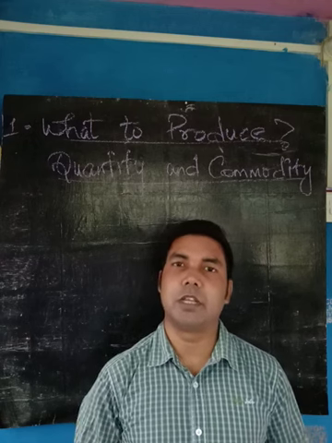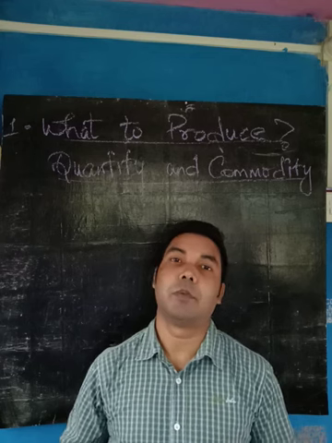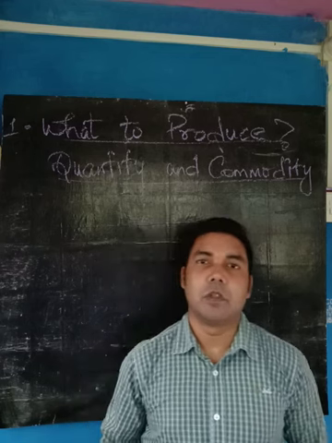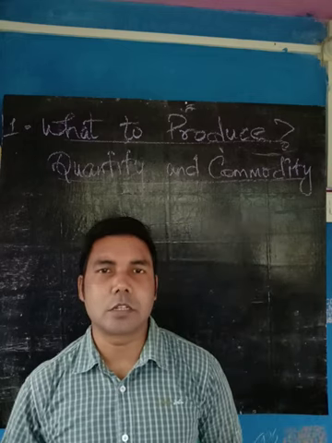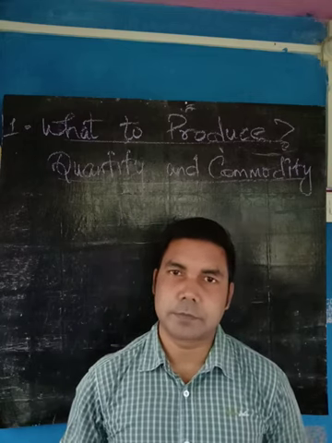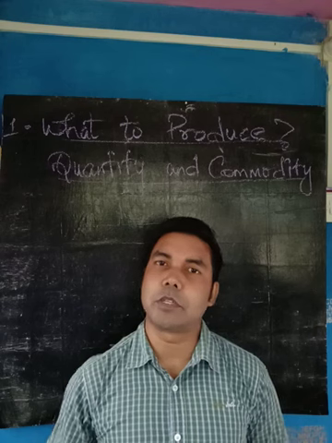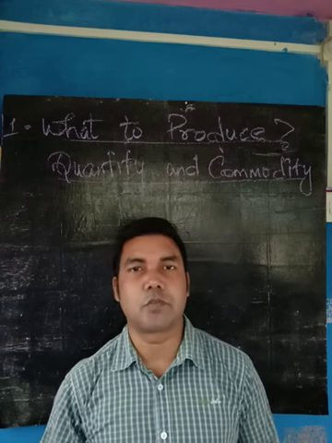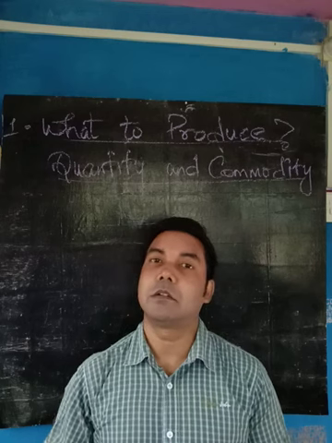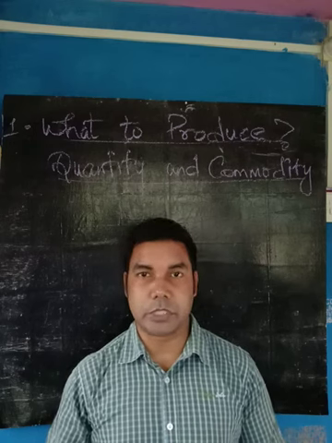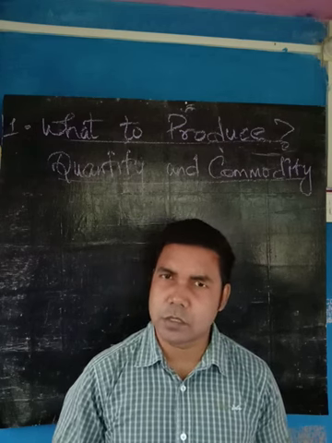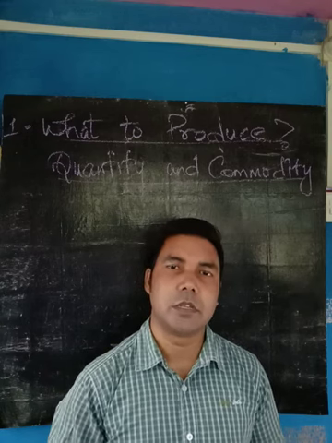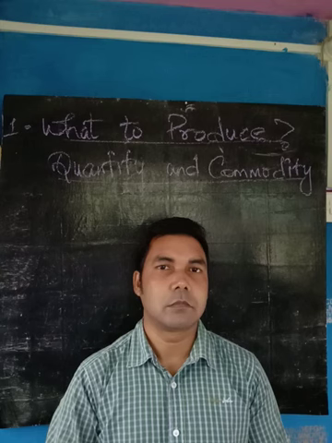These three items again depend upon the population of the people. If the population of the country belongs to the lower class, then the necessary goods will be given much importance. First importance will be given to the necessary goods, so those goods will be produced.